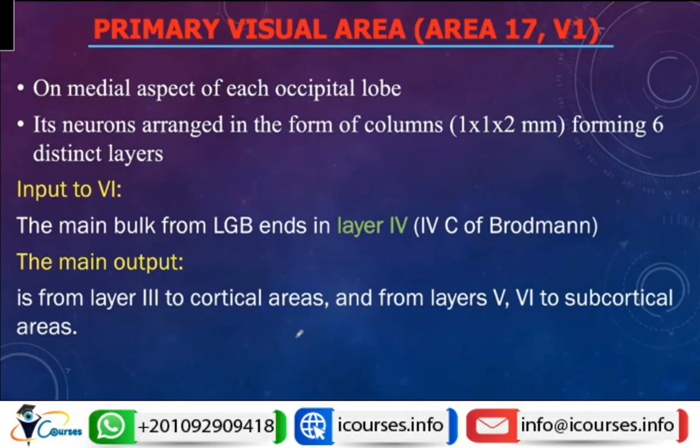The primary visual area, area 17 or V1, is present at the medial aspect of each occipital lobe, and the neurons are arranged to form columns, or sometimes blobs, leading to formation of 6 layers.